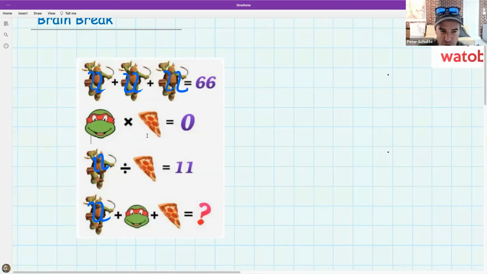So in the show, the Teenage Mutant Ninja Turtles really like pizza. That's kind of why there's pizza here. Okay, so the pizza slice isn't 0, guys. I think the pizza slice, 22 divided by something, is 11. I see a couple of people have said it's going to be 2.